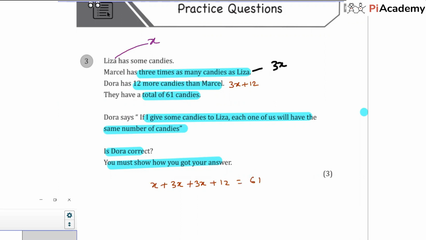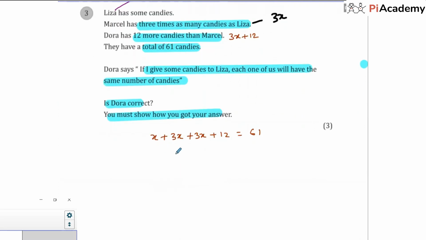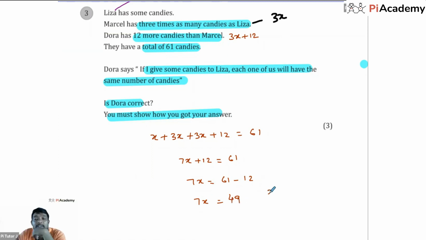Now if you solve this for x, you get x plus 6x, that is 7x plus 12 is equal to 61. So 7x is equal to 61 minus 12, how much is 61 minus 12? 49. So x is equal to 49 over 7, which is 7, right?